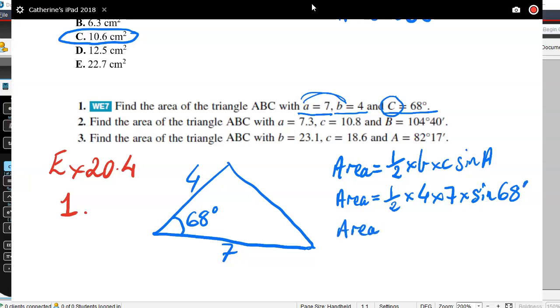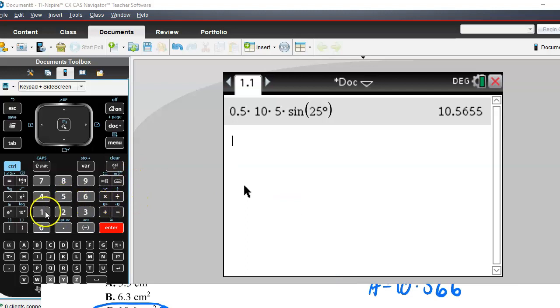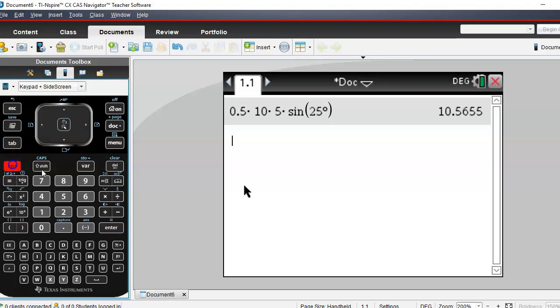So area equals, so it's up to you whether you put a fraction or a decimal. I chose a decimal with that first one we did because the answers were in decimals, so putting in a decimal forces it to be a decimal if you've got your CAS in auto mode.